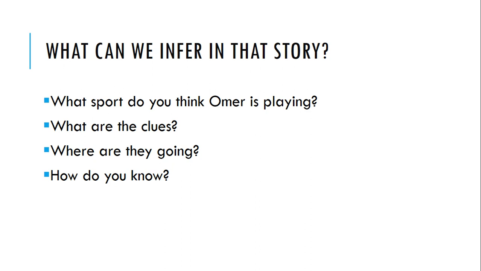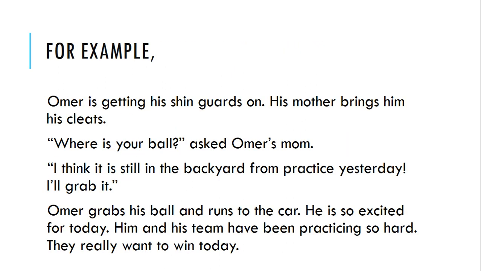So we need to kind of figure out, or infer in the story, what sport Omer is playing, and we need to look at the clues. We need to find out where they're going and how do we know, because those are the things that it doesn't really tell us, right? So if he has shin guards and cleats and a ball, chances are he's probably going to be playing football.